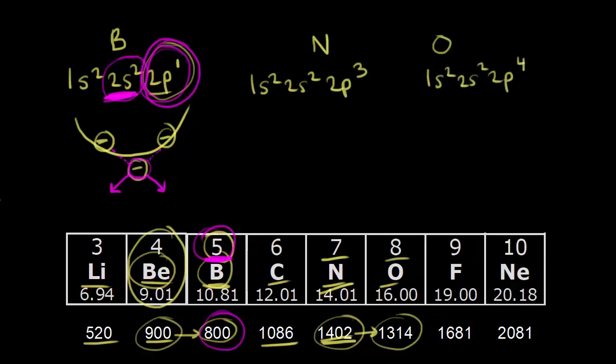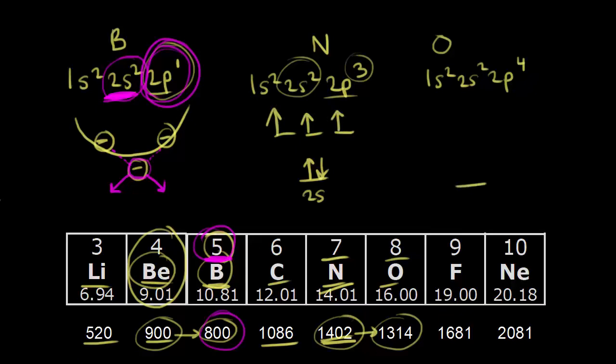Let's just draw, using orbital notation, the 2s orbital and the 2p orbitals. So for nitrogen, here's our 2s orbital. We have 2 electrons in there, so let's draw in our 2 electrons. And for our 2p orbitals, we have 3 electrons. So here are the 2p orbitals. And let's draw in our 3 electrons using orbital notation.